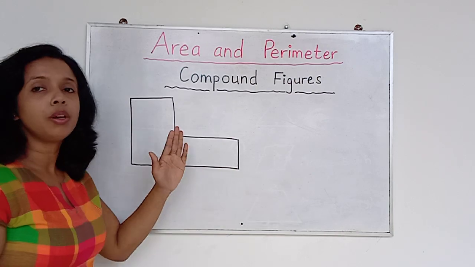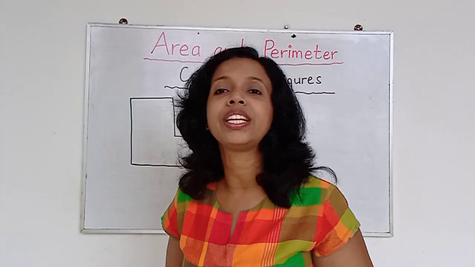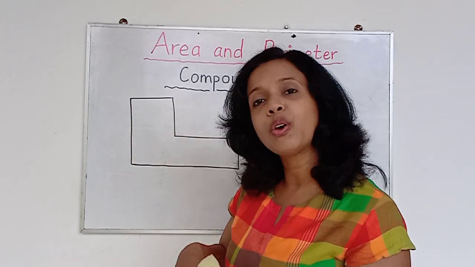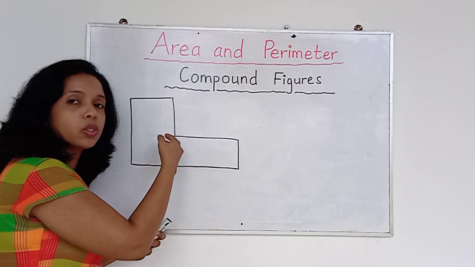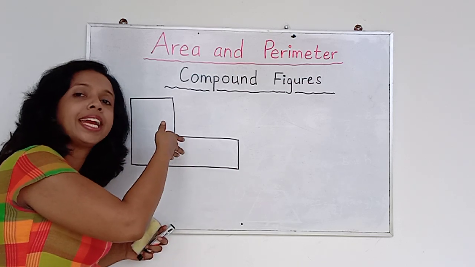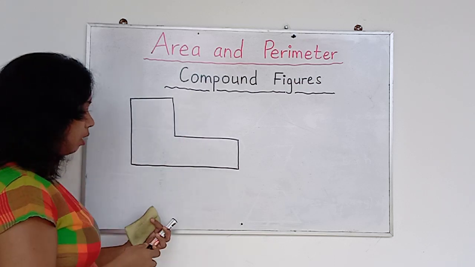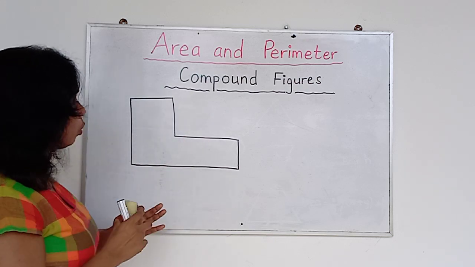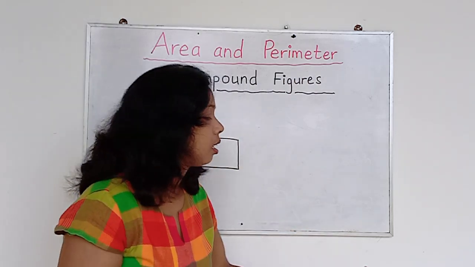First of all, before finding the area of these types of compound figures, you want to identify what shapes you can find inside this, right? For that, look at the figure carefully and divide.